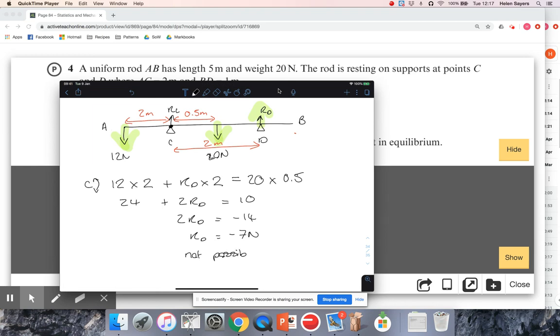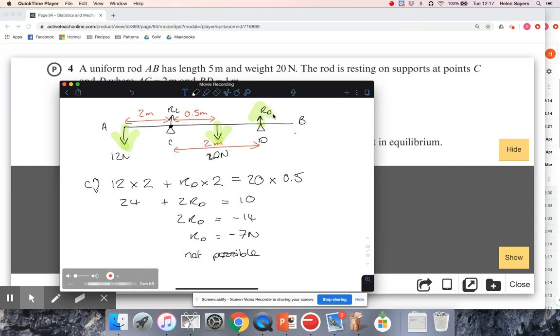So basically what that is saying is, once we've added that 12 Newton force, for it not to tilt, there'd have to be a 7 Newton force downwards at D. So that 12 Newton force pulling down on that end is so great that we would need a downward force there. That's the significance of why it's coming out as a negative. And obviously that's not what's happening. It's just balancing at D.